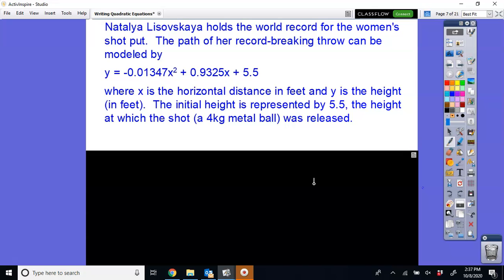This particular example is about Natalia Lasovskaya. She holds the world record for the women's shot put. And actually, I think she might have been beat out recently, if I'm not mistaken. But the path that her record-breaking throw took through the air is modeled by this function. Notice that this function is given to me.